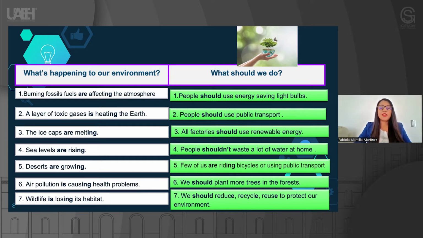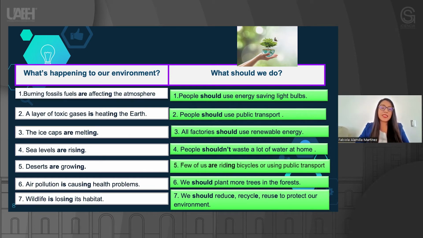Look at these examples, students, and notice that the action ends with something important, the ending -ing. Why are we adding this ending? Because we're referring to actions that are happening at this moment, right? When we want to express something that is occurring at this moment, we need to add -ing at the end of the verb. But also, before the verb, we need to use the verb to be.